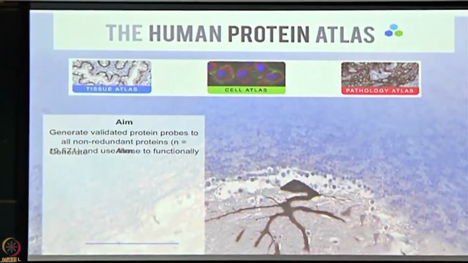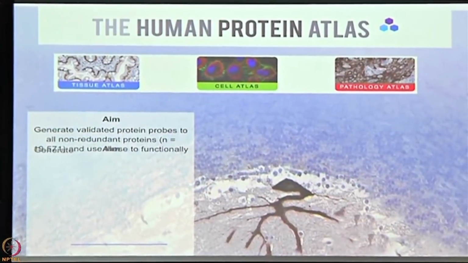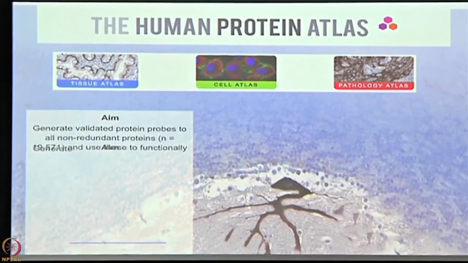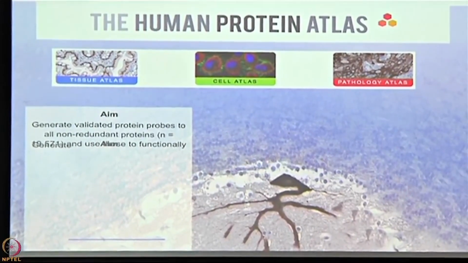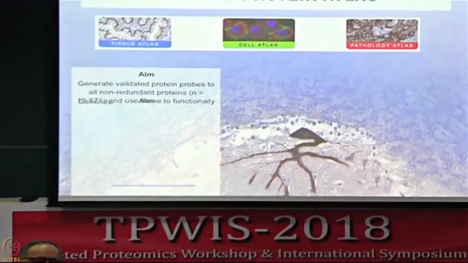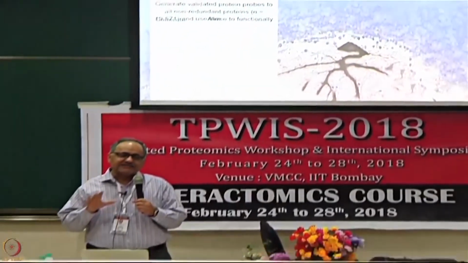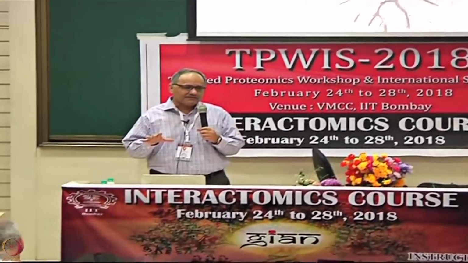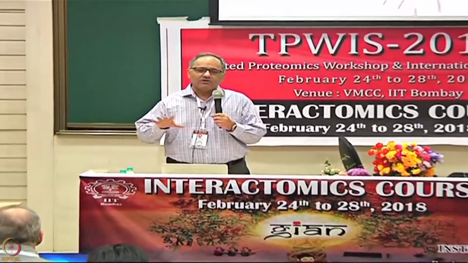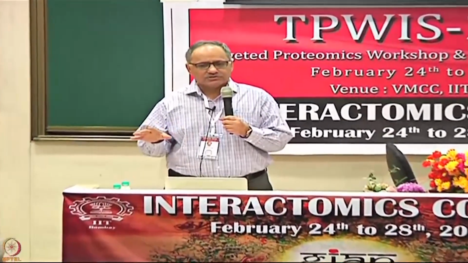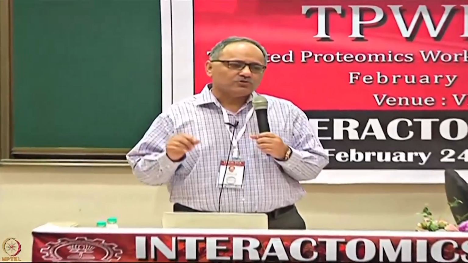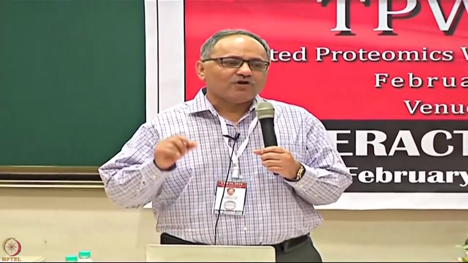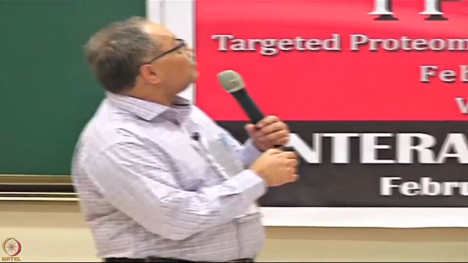To give you a brief history about the protein atlas, it started off in 2003. The idea was to generate antibodies and study their presence in normal and cancer tissues, and to produce one antibody for every non-redundant gene. The protein atlas is composed of three main parts.